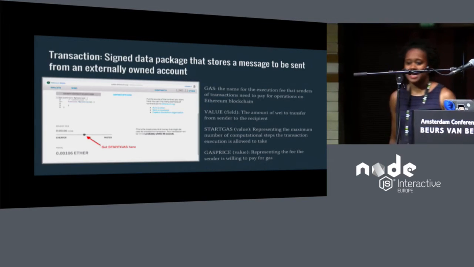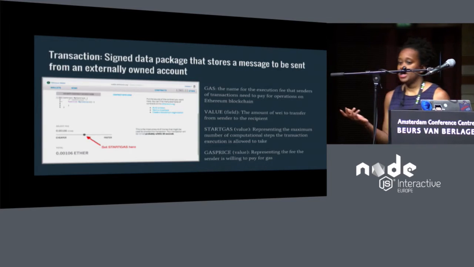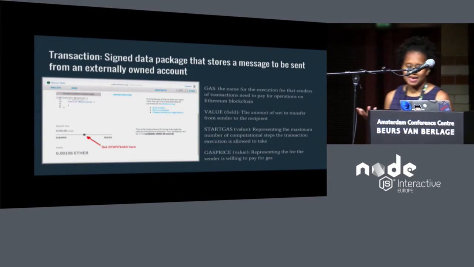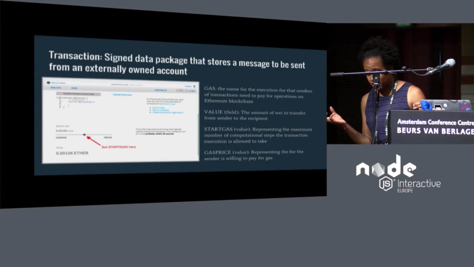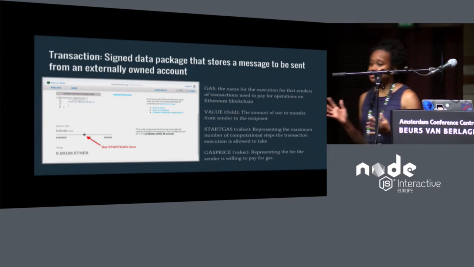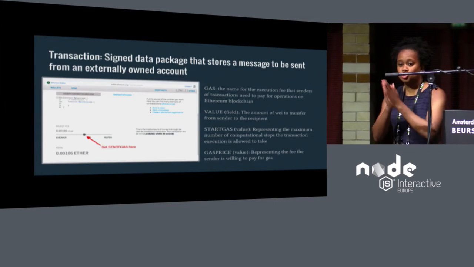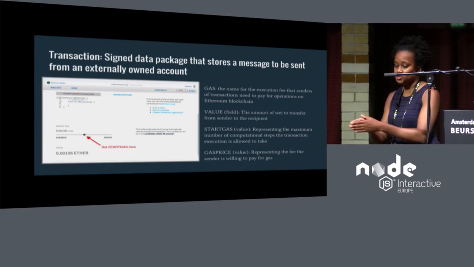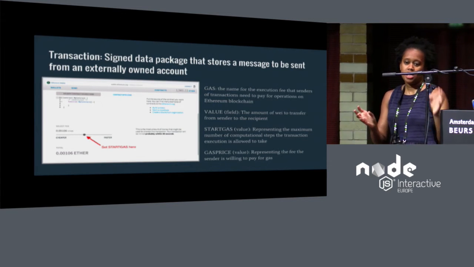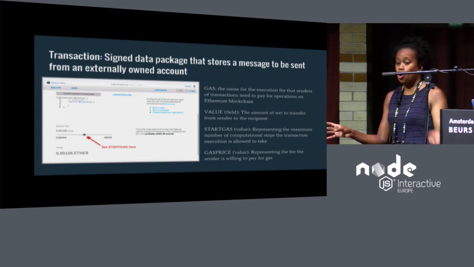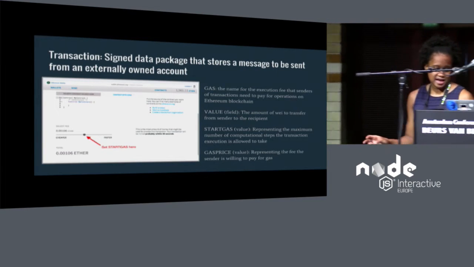Each smart contract has a transaction, and we've already gone through some of this. Gas is the execution fee that you're paying. Value is the actual money that is going to another party. So value would be if you're party A, party B will get value, but the cost of that transaction would be the gas.